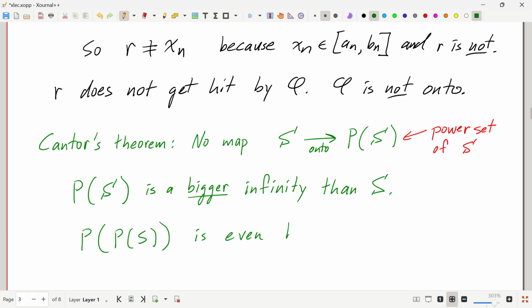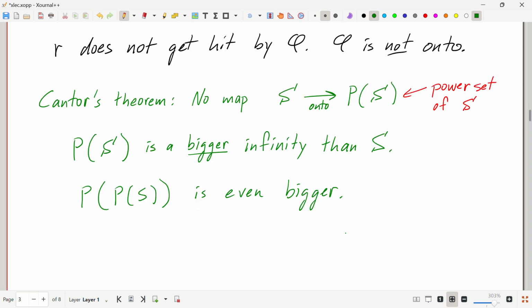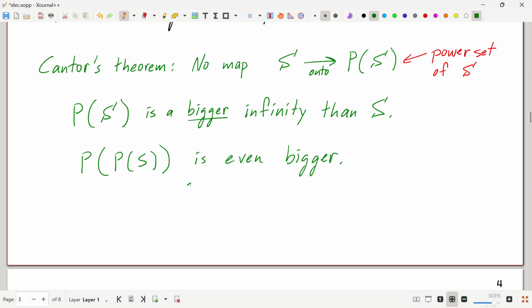And you can keep doing that. Okay, so dot, dot, dot, there's no biggest infinity.